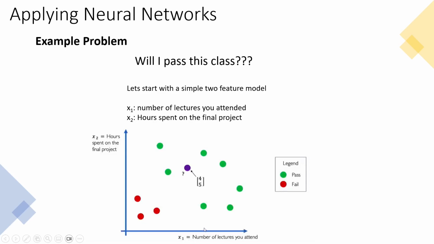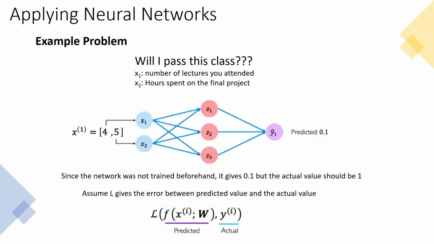Okay. And we would like to solve this one, whether this guy will be passing the class or not. Okay. So what we will be doing is we basically have two input variables because we have this.